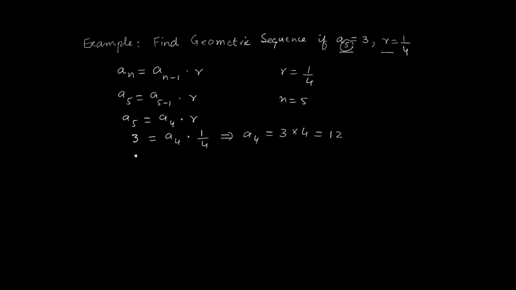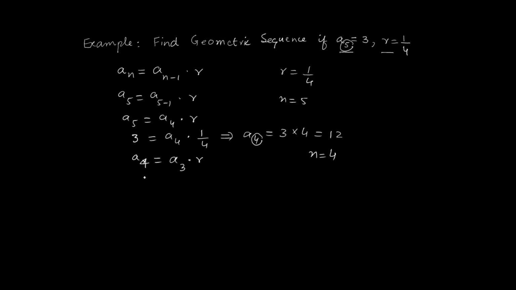Now again I am taking an, and because we have found a4, I will now take n is equal to 4. A4 is equal to a3 multiply r. I have put now n is equal to 4.